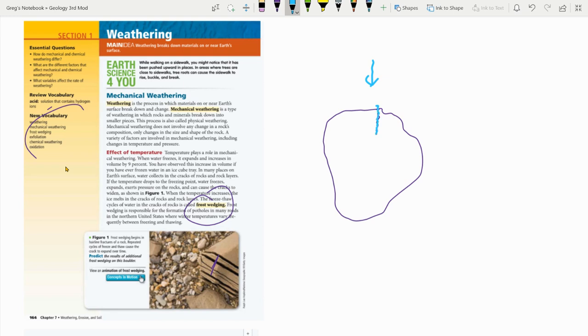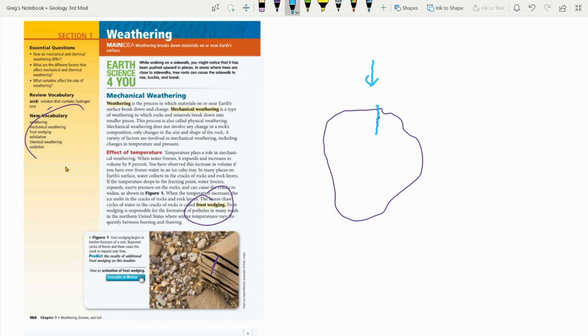Now, on a normal summer, spring, fall day, nothing's going on. But just like the weather we've had in the past few days here, when it rains and this water gets in here and it freezes, remember, water is the only substance we know that when it freezes, it expands.